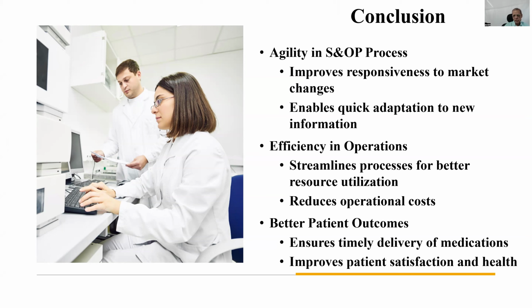It reduces operational cost, better patient outcomes can be triggered, and then ensures timely delivery of medications and all, improves patient satisfaction, and then gets safety with your products and helps to improve health actually. This is the objective. Practically every pharma company is looking at it, and these emerging technologies and their adoption can really help you a lot in that particular direction.